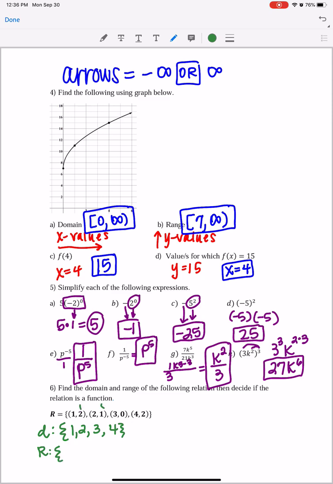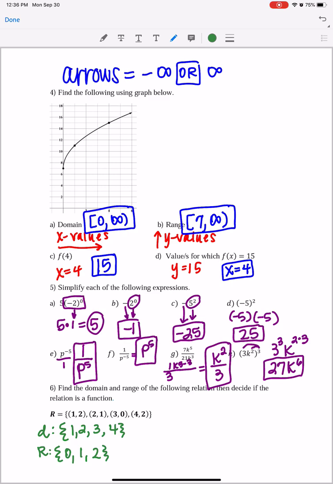So we have these right here. So notice that your 2 repeats. You don't need to list your 2's twice. If you list them twice, it's not wrong, but you don't need to. So 0, 1, 2. So I went from least to greatest, and I did not repeat that 2, but if you repeat it, that's okay.